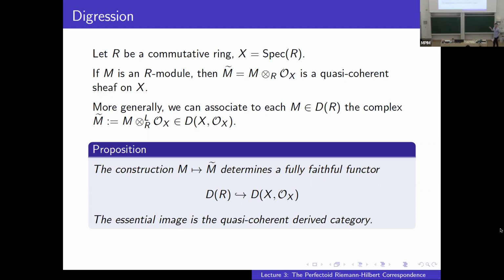And a particular consequence of this, or more or less a restatement of this, is that if you have any complex of R modules M, you can recover it from M tilde by taking the hypercohomology with coefficients in M tilde, taking RΓ.